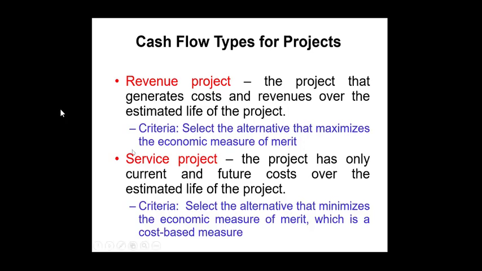Okay. Another type is service projects. The project has only current and future costs over the estimated life of the project. So that means the cash flows include cost only. No revenue in these cash flows.